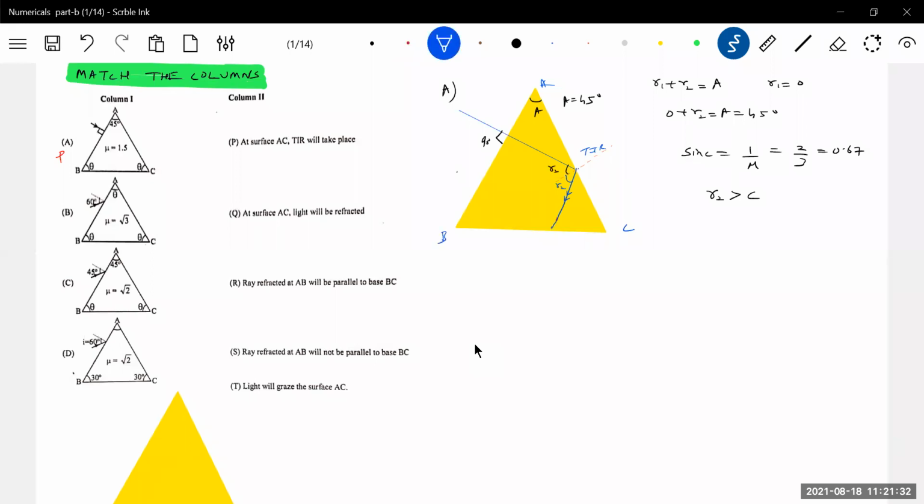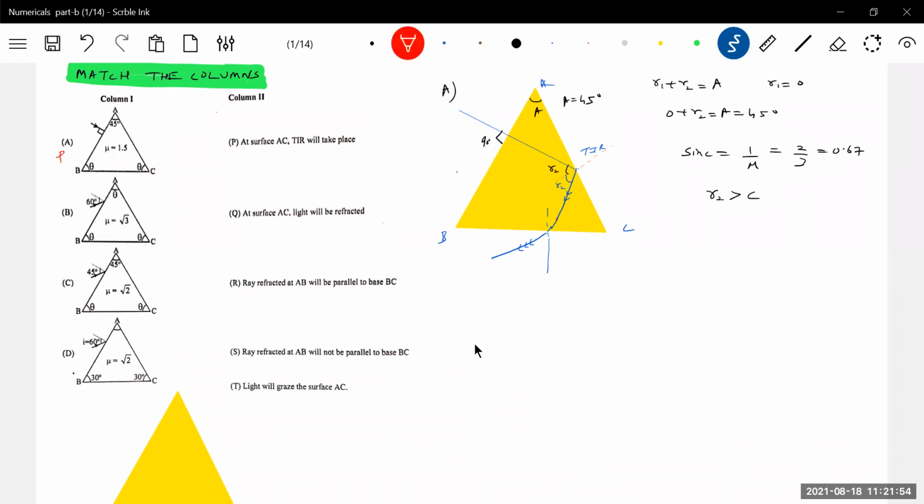BC is this one, no? Definitely here the ray will come like this. So I think it is not parallel to base BC.